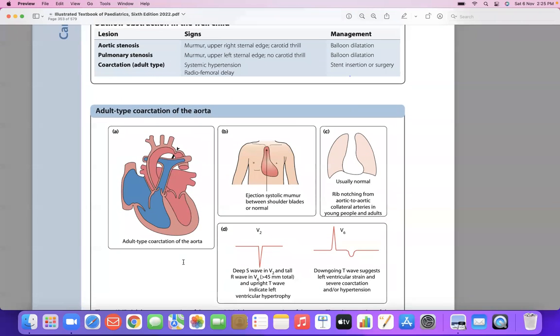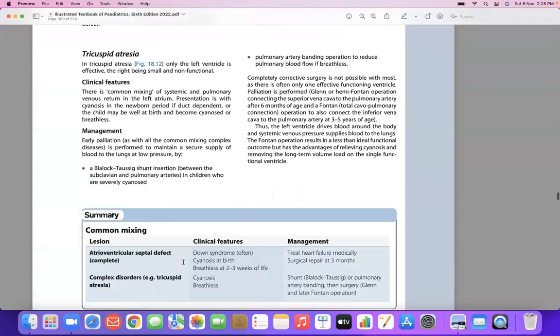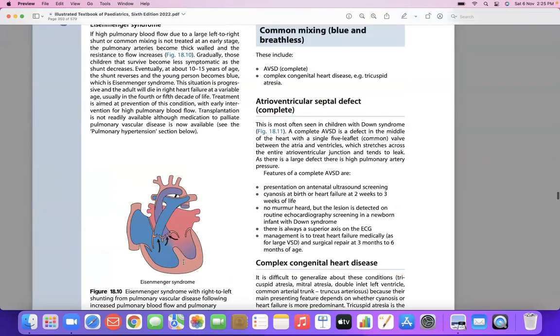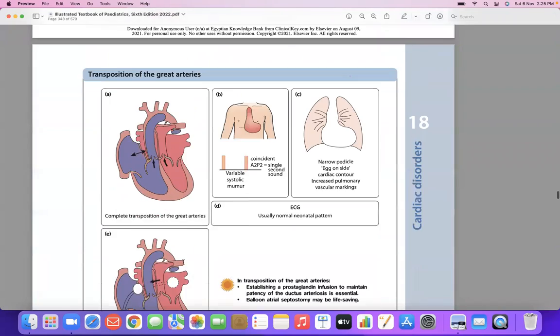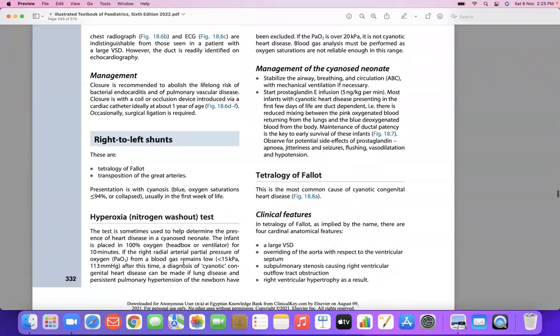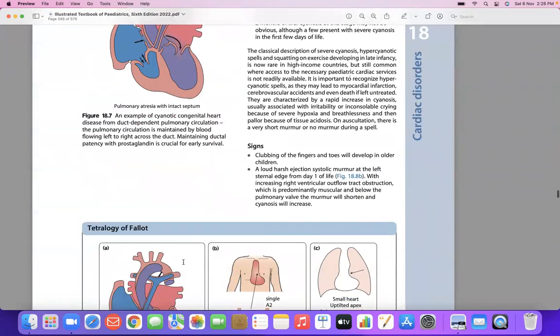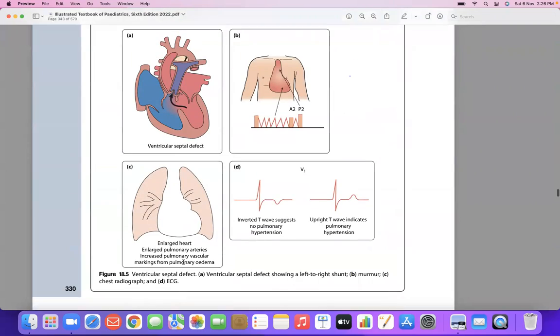Who can tell what is the difference between the adult type coarctation of aorta and the severe coarctation of aorta in the neonate? Adult type coarctation of aorta usually presents late.